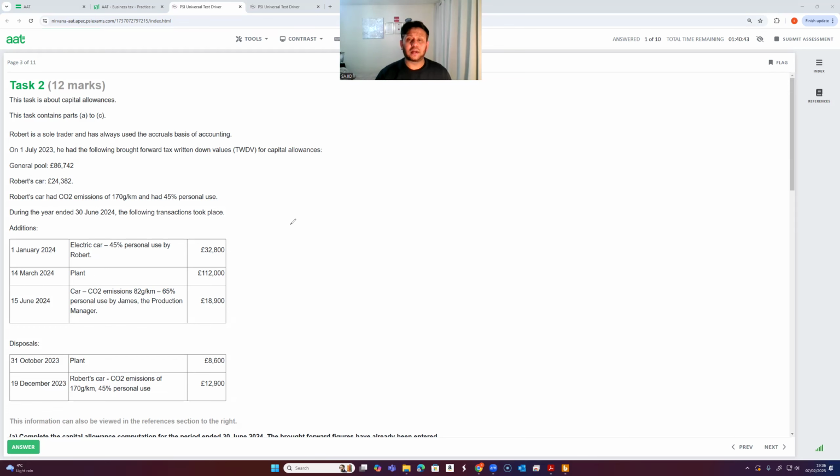This is a car with zero emission, eligible for FYA. This one is a private use asset. This one is eligible for the special rate pool. If you just say that in the right column, the rest of the calculation the software will do automatically.